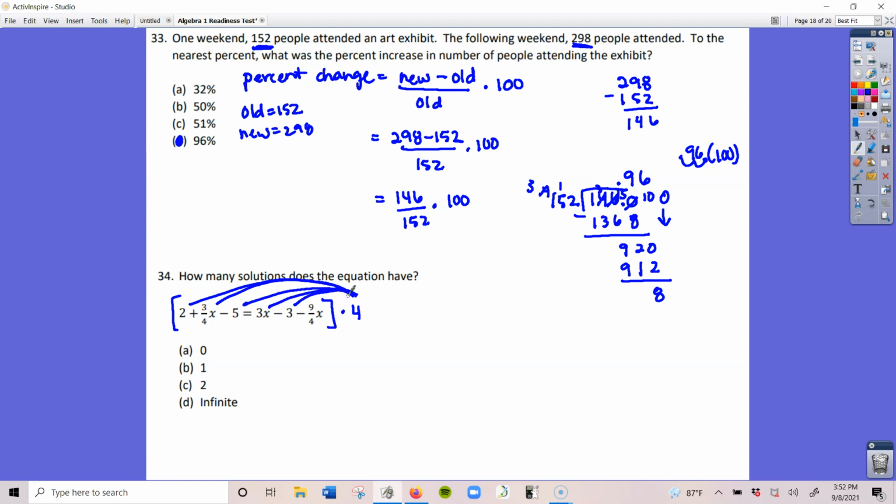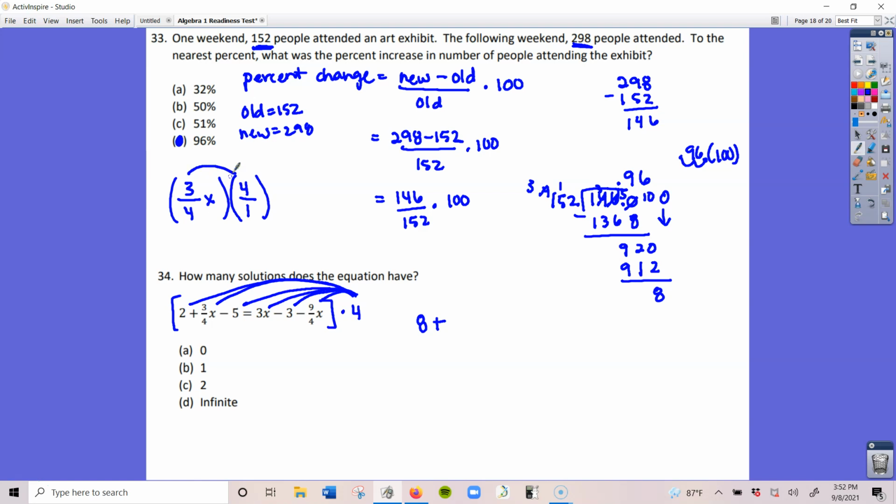So let's do that. So remember, I'm multiplying the entire thing because you can't just multiply a number to a piece of the equation. You have to multiply it to the entire equation. So 4 times 2 is 8, plus 3 over 4x times 4. Let me show you what's going to happen here. I'm writing it as a fraction, so you can see what happens when you multiply fractions.